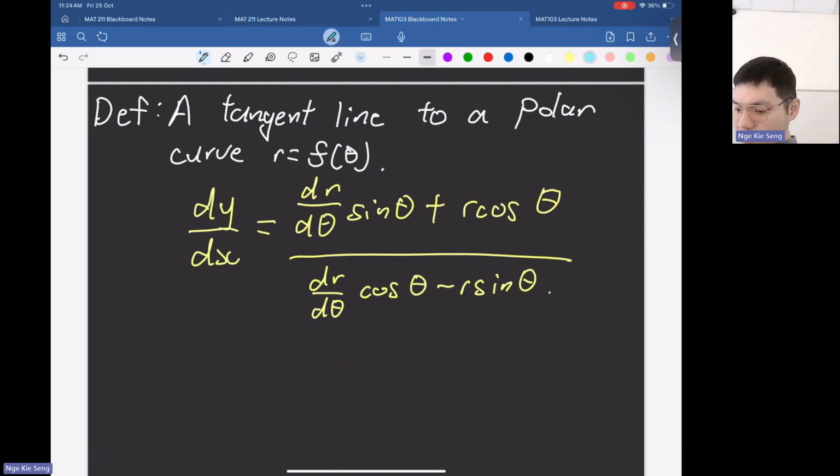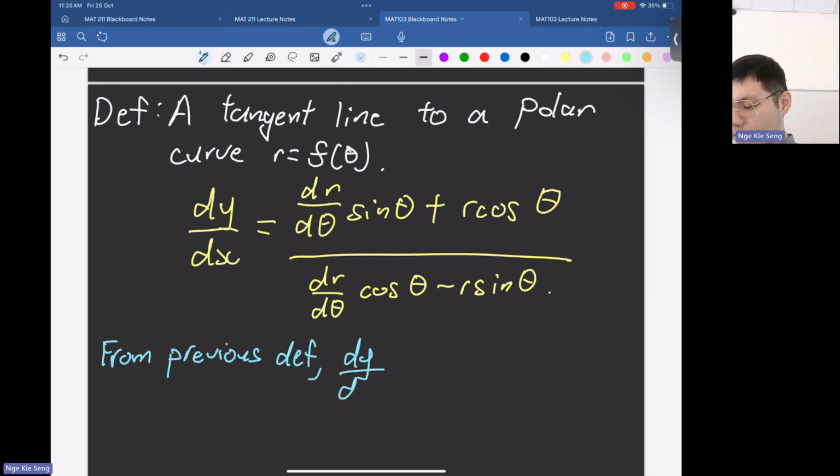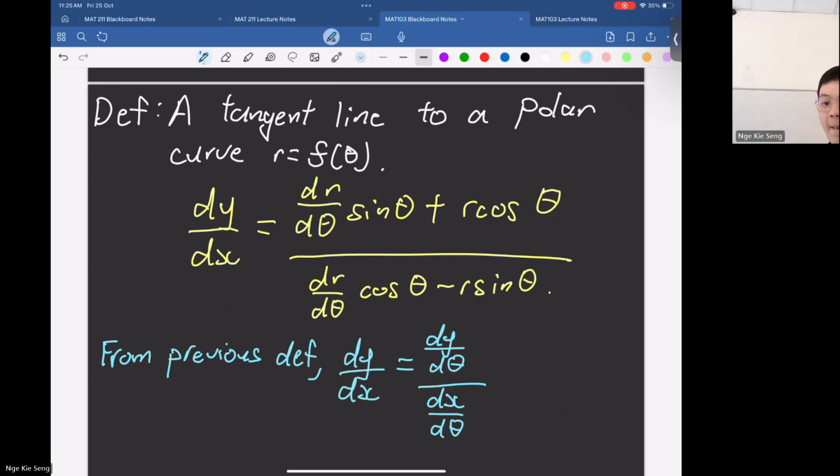From the previous definition, we know that we can use the chain rule to differentiate y with respect to theta and x with respect to theta. But do we have this info or not? We should have, right?